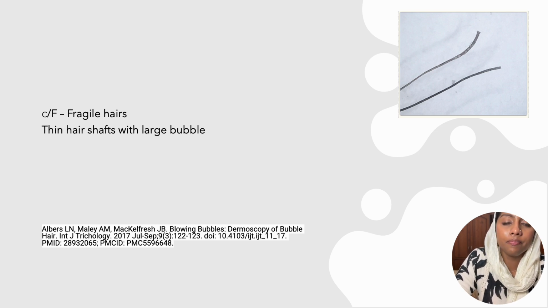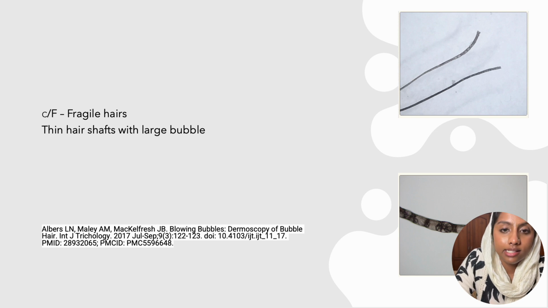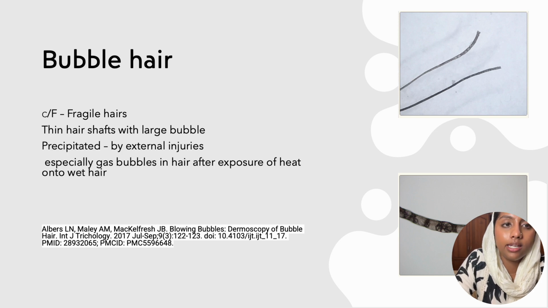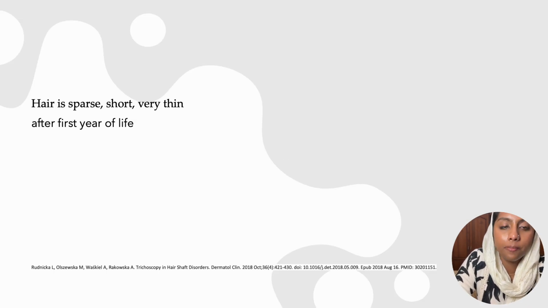This can be applicable to people who wet their hair and then dry it with hair dryers immediately. This is yet another picture which shows air bubbles inside the hair strands, and this again causes fragility and easy breakability of the hair. Again, the advice can be to modify their hairstyling methods.